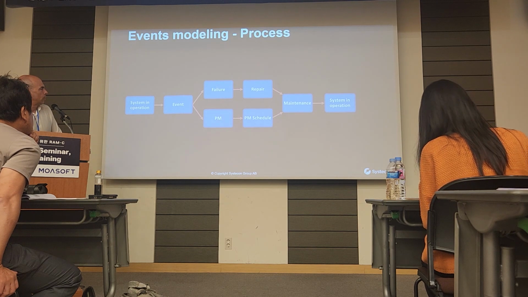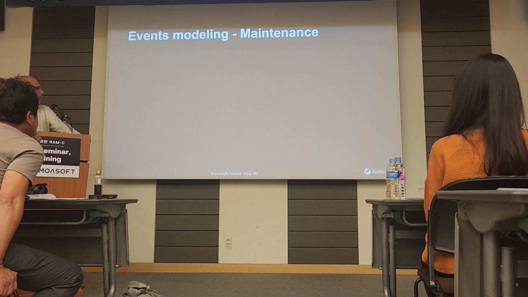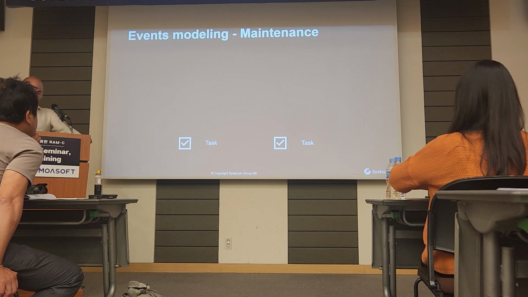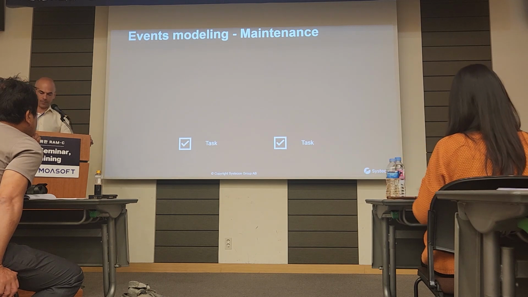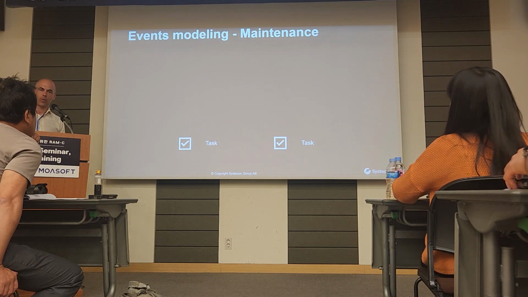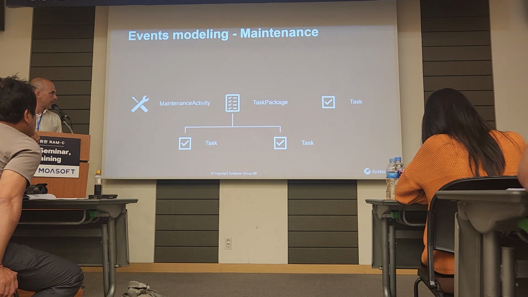So we talked about how to model the failure and the preventive maintenance. We can now talk about how we model maintenance. And there is a concept called tasks, which is a maintenance task: repair, overhaul, inspect, whatever you want to call it. Tasks can be put together into something called a task package.